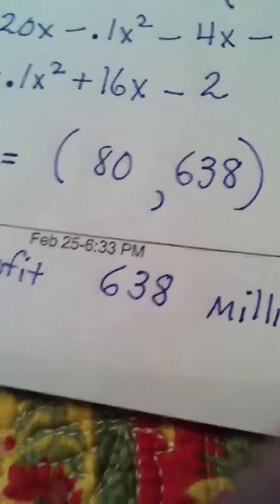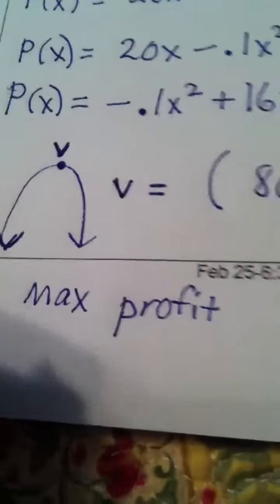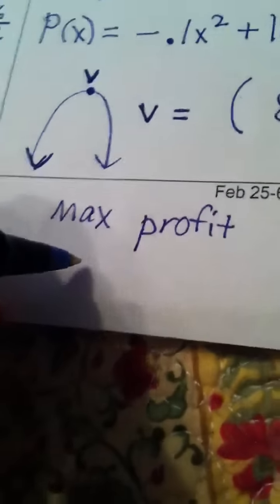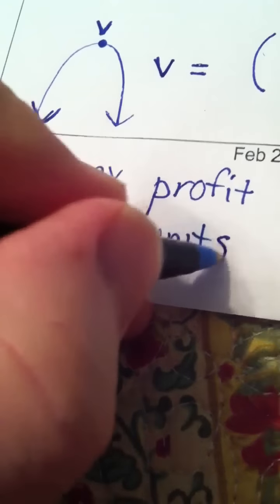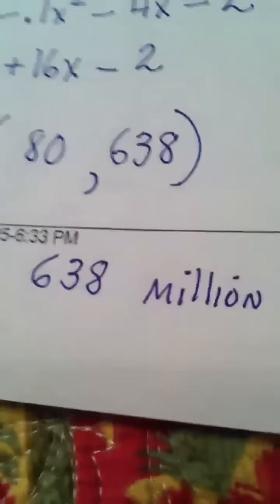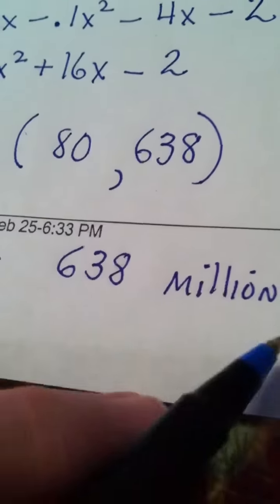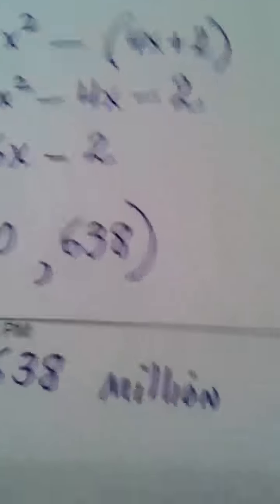I wouldn't do this for $638. That doesn't seem logical. And how many units do we need to build? We need to build and sell 80 units. So whatever we're selling must be pretty expensive if we're making $638 million. But anyhow, this million is really a joke. The original problem didn't tell me what my units were in, so why not think big, okay?